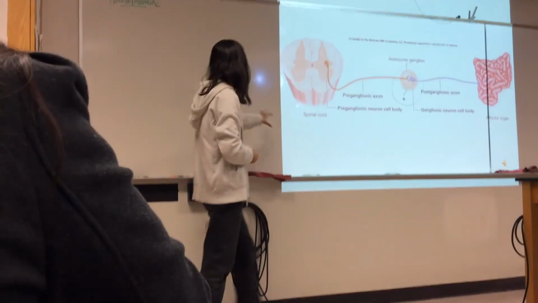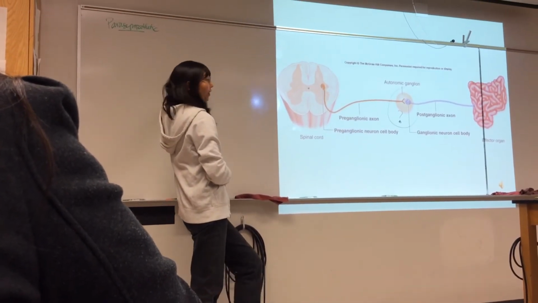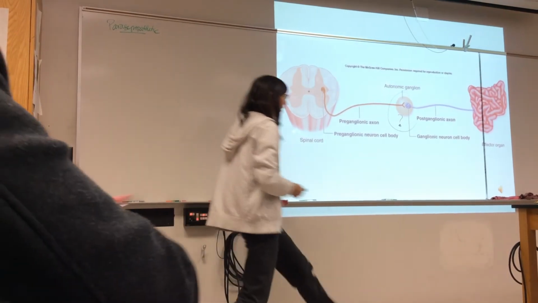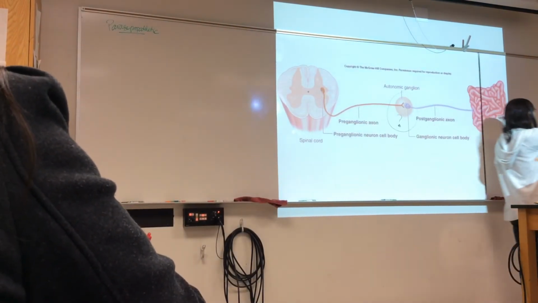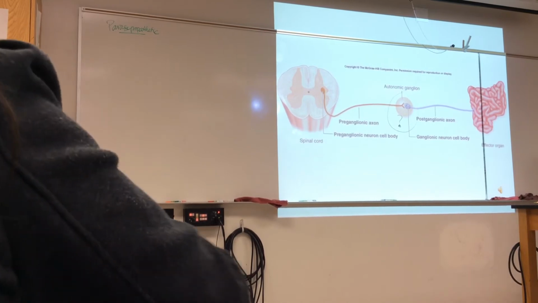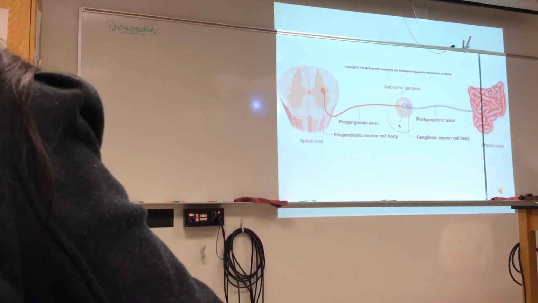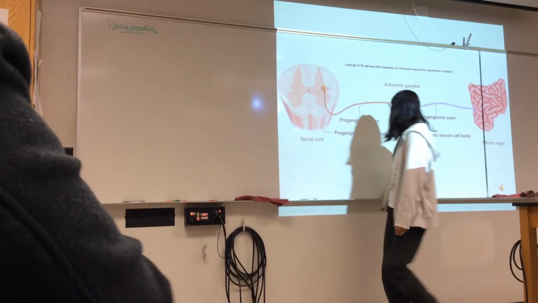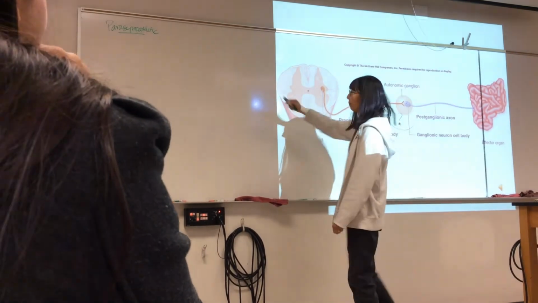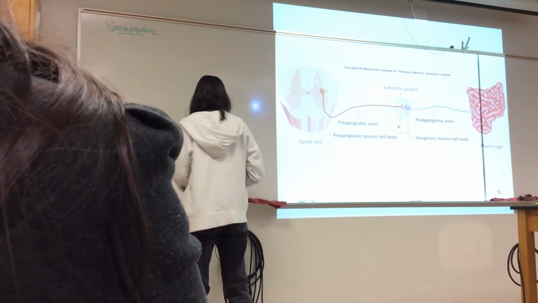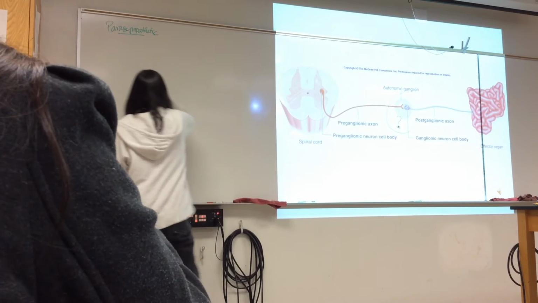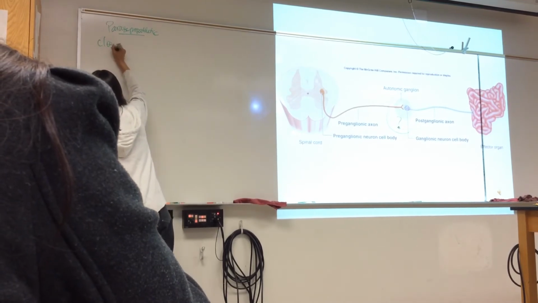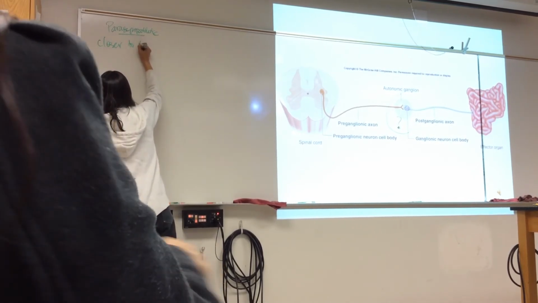The ganglion for parasympathetic is a different location than the ganglion for the sympathetic. Okay? And I would just tell you right now, the ganglion for the parasympathetic is going to be closer to the target.